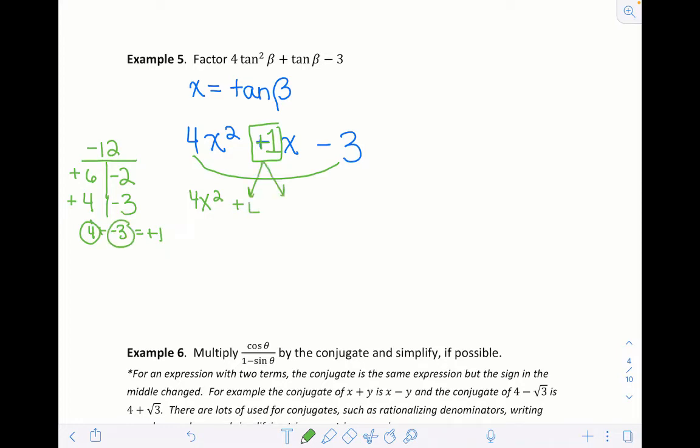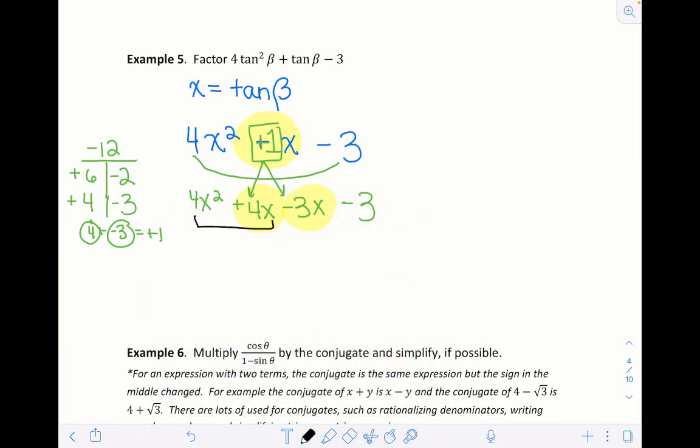So I'm going to say plus 4x minus 3x, and then the negative 3, which was already at the end. It's the idea of figuring out the best way to split up that middle term so that you can use factoring by grouping to get to your answer.